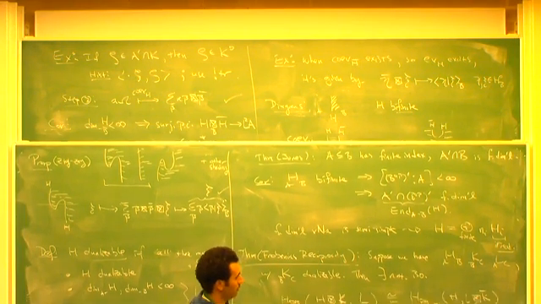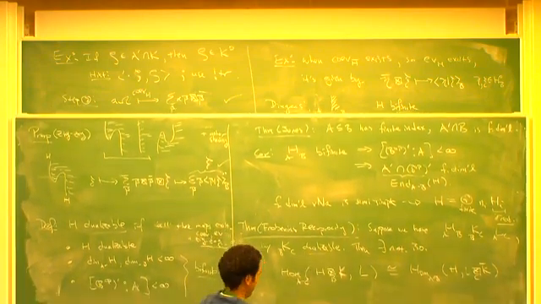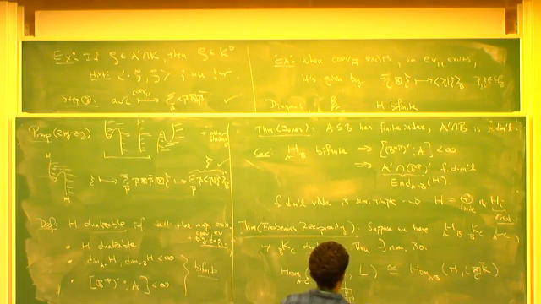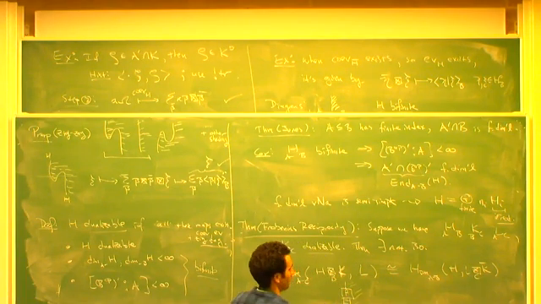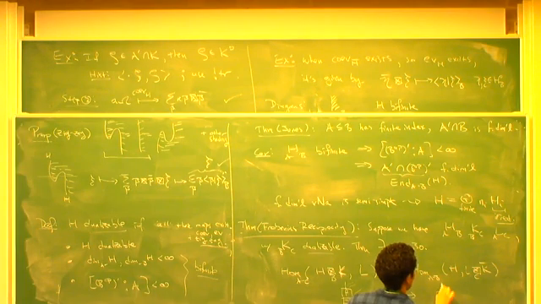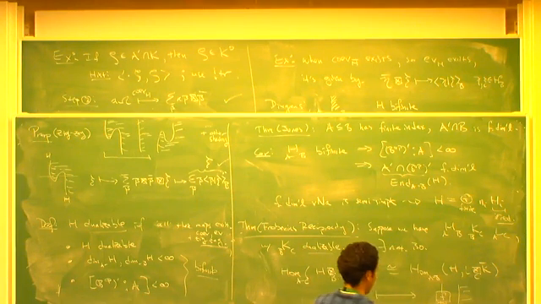Now what's the map? Here I'm using dualizable. The map is just, if I take f, remember B had this shading, C had this shading, where does it map to? I just take the string and I pull it up.